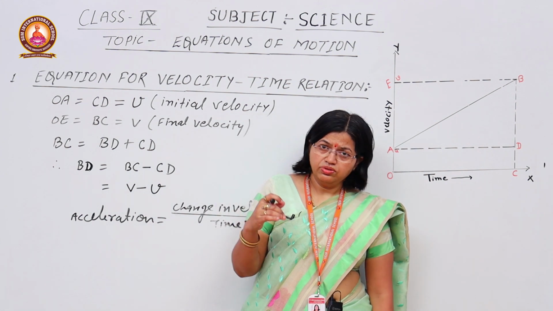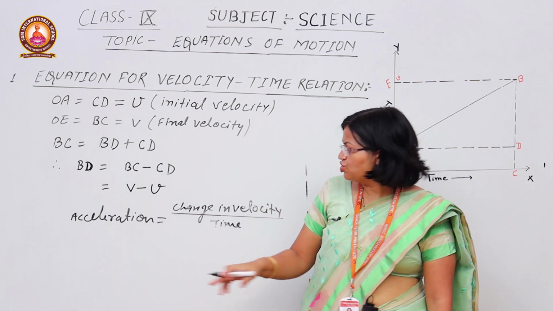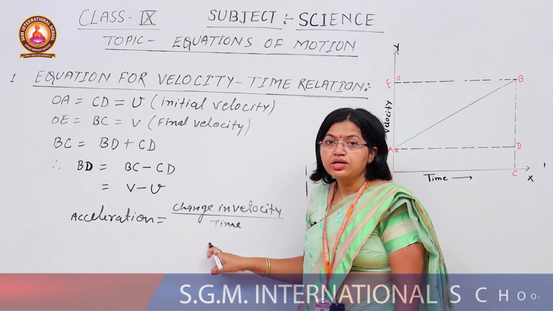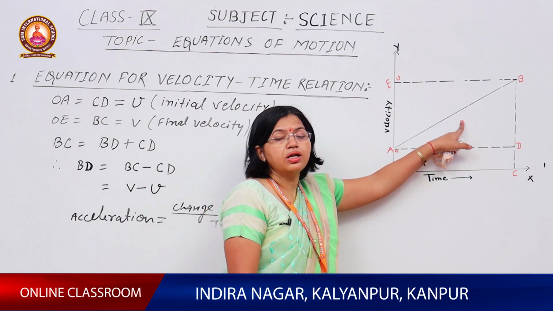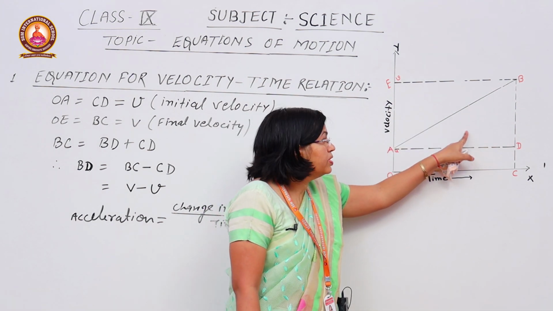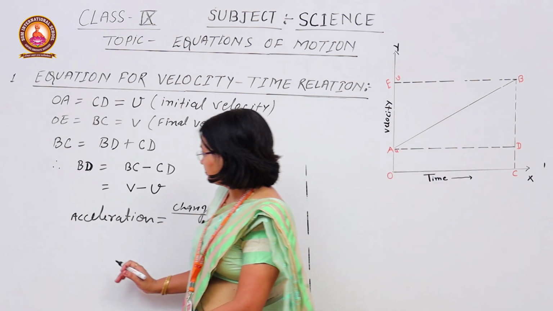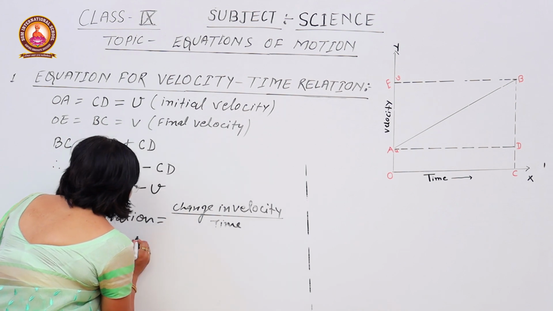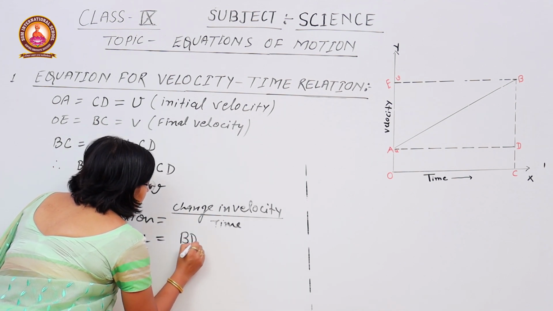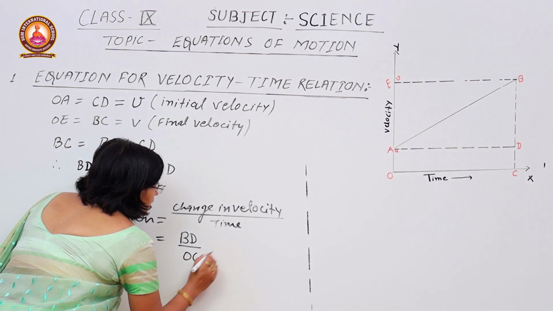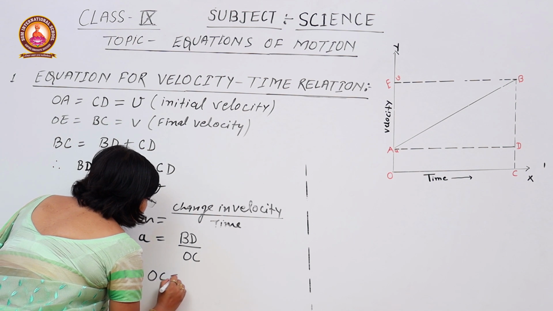Then we will turn to the acceleration. What is acceleration? Acceleration is nothing but change in velocity divided by time. Here from the graph we take the slope of the velocity time graph, that is equal to BD by OC. We will write acceleration a is equal to BD by OC. According to the graph, OC is equal to t.